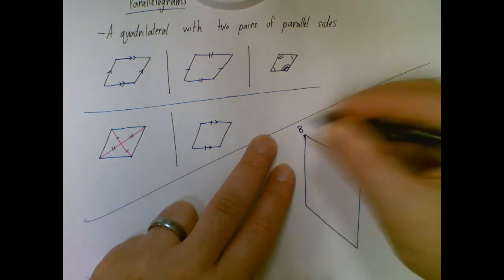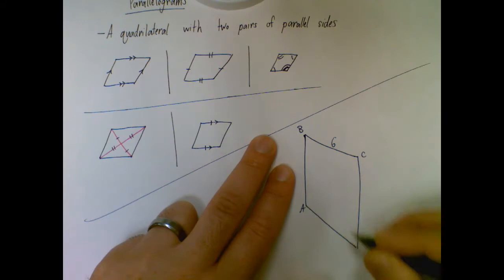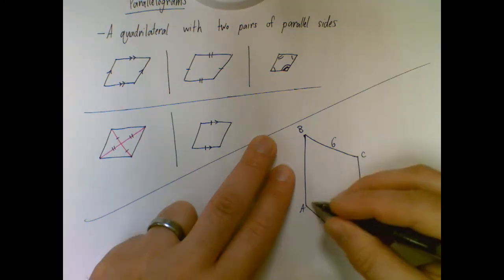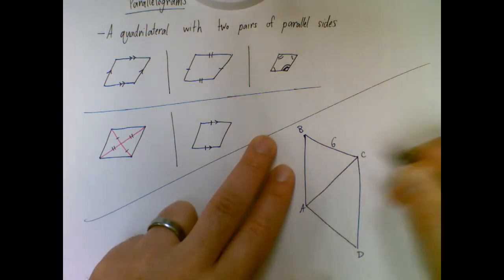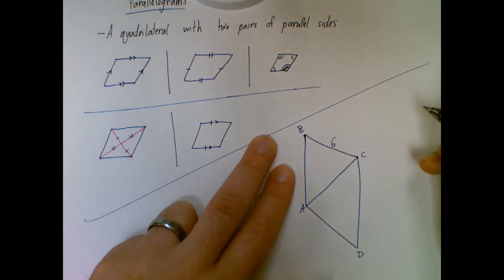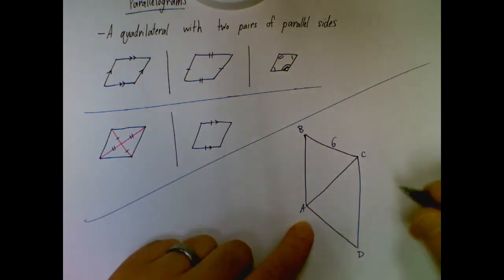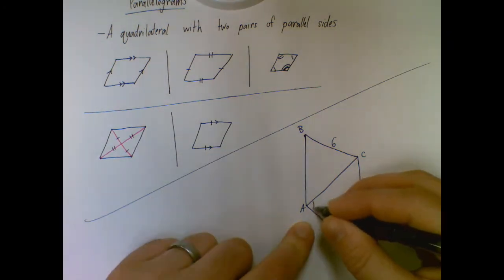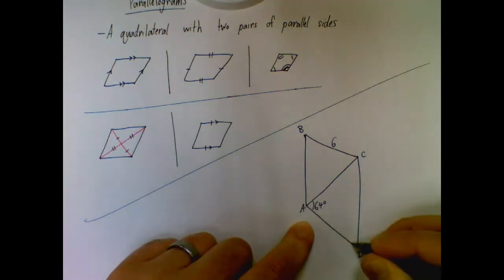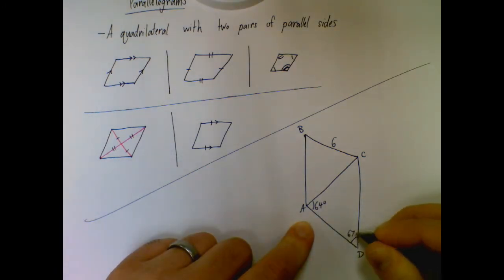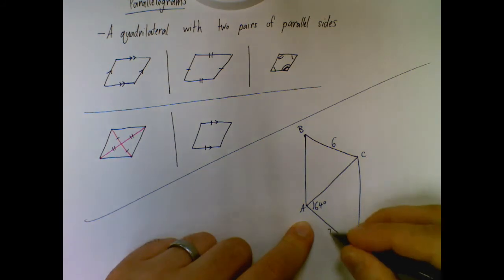So I know this is B, C, A, D. We'll cut across here so we can talk about the diagonals. And we know this is a parallelogram. I will tell you that ahead of time. Okay. So, and I know this is 64, this is 67, and 2x.